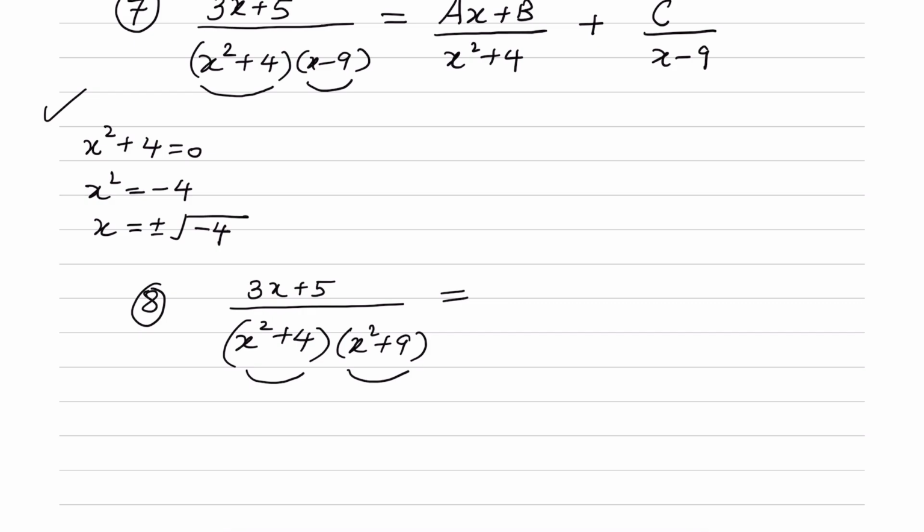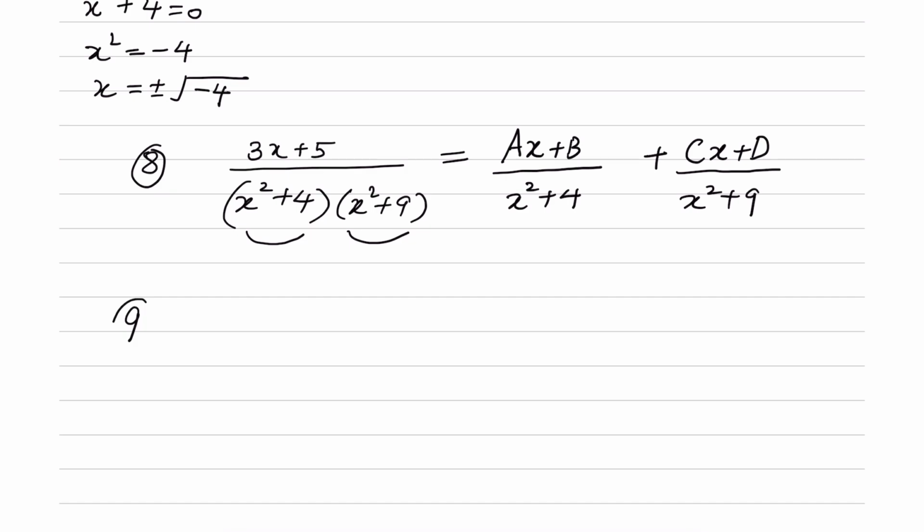So two different 2 degree expressions, and the rule for 2 degree expressions which cannot be factorized is (Ax + B) divided by (x² + 4) plus (Cx + D) divided by (x² + 9).